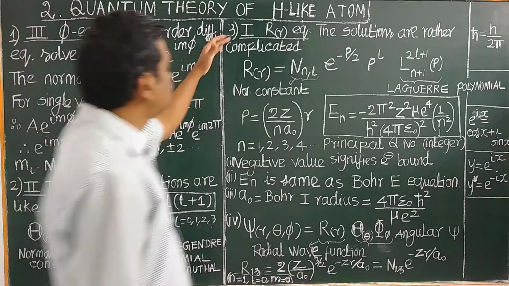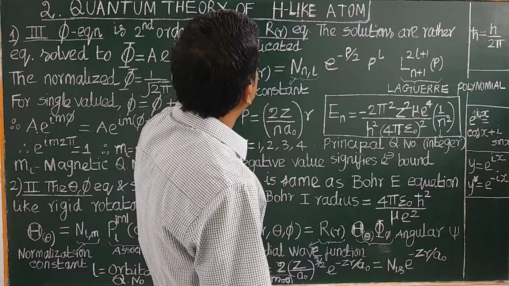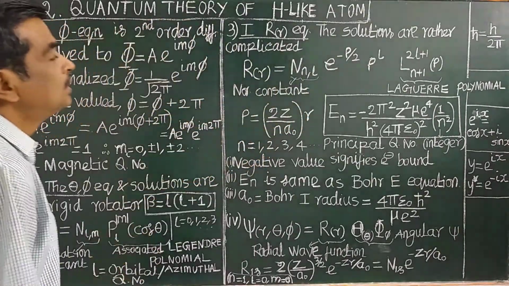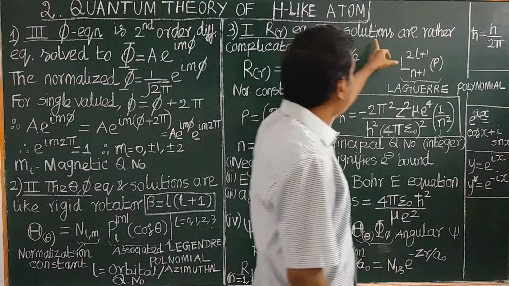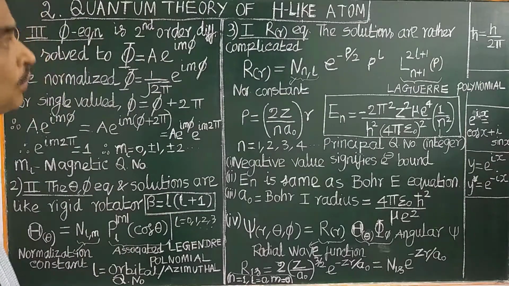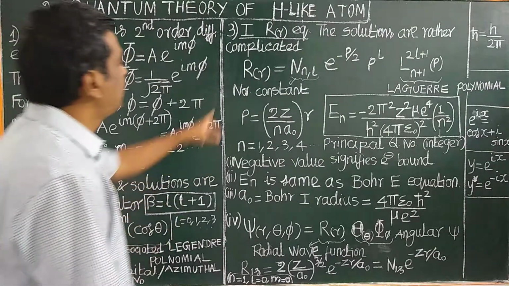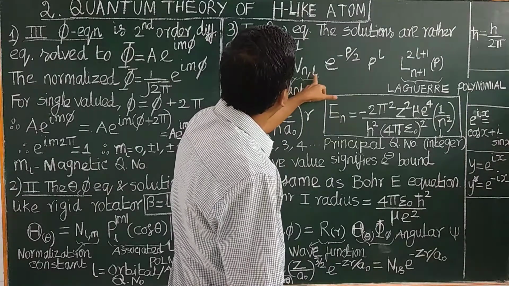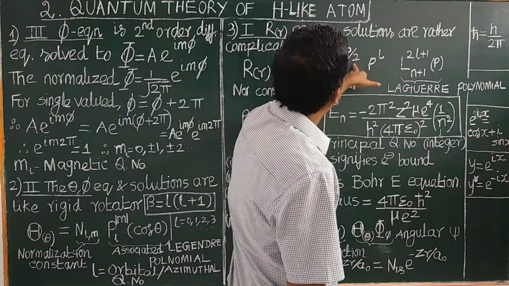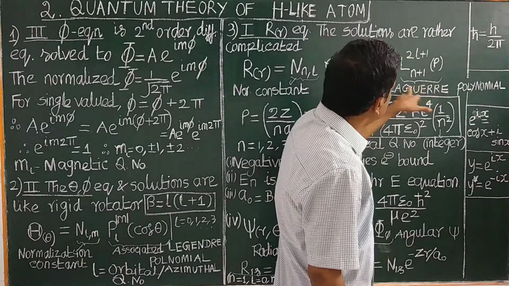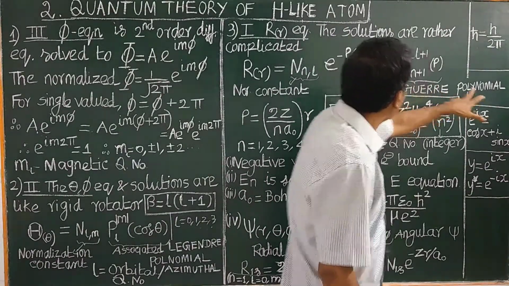Let us now see the first equation, the radial equation. The solutions are rather complicated for the radial wave equation. However, it is obtained mathematically as follows. The radial wave function R(r) equals N_nL e to the power minus rho by 2, rho to the power L, times the Laguerre polynomial.